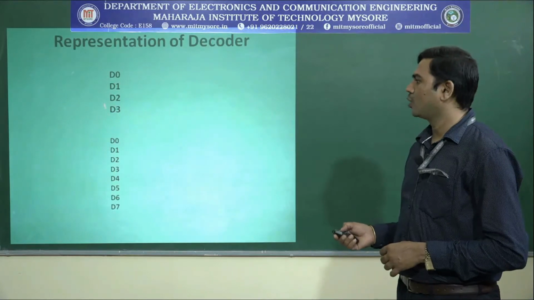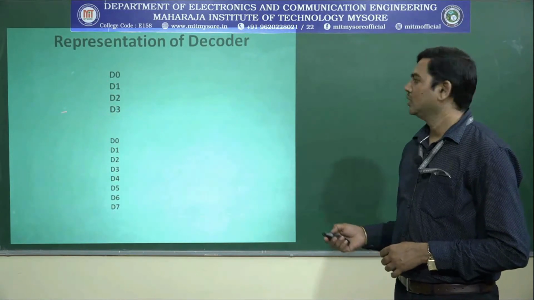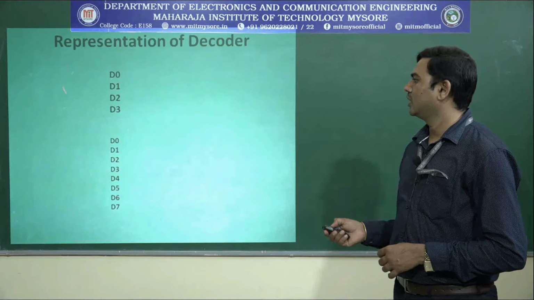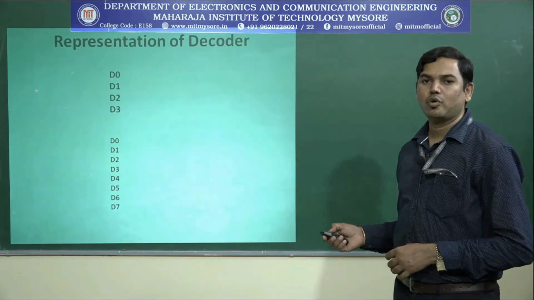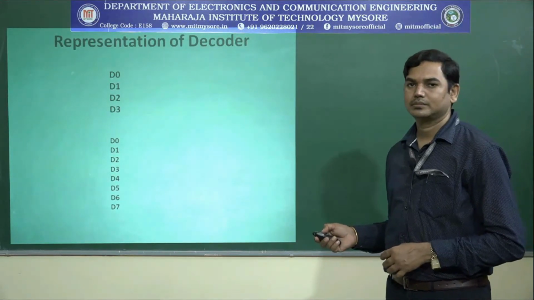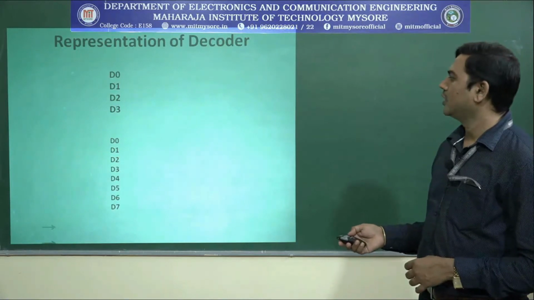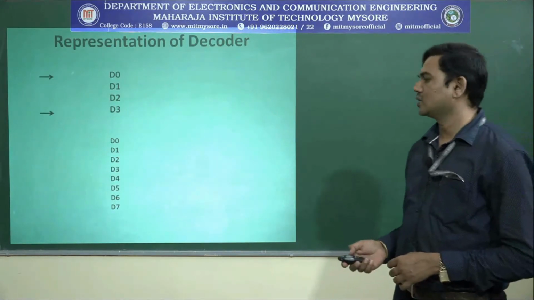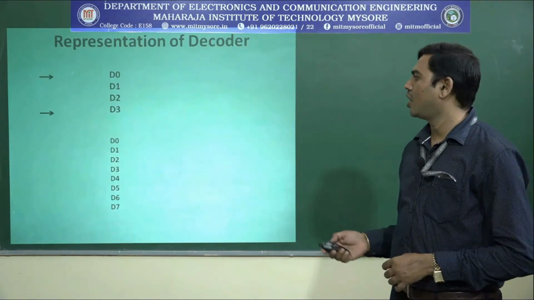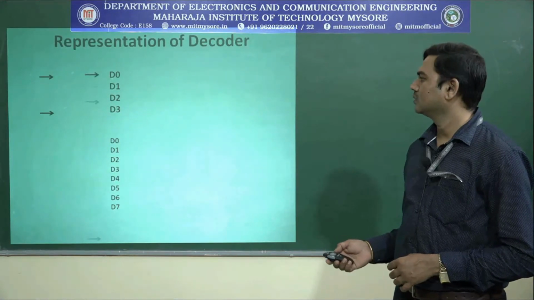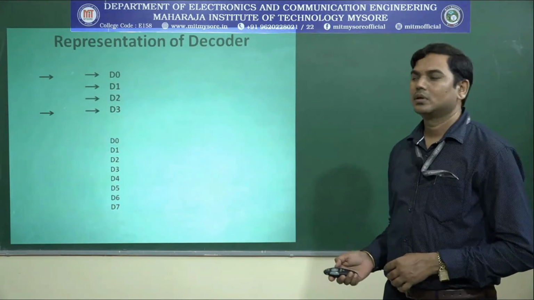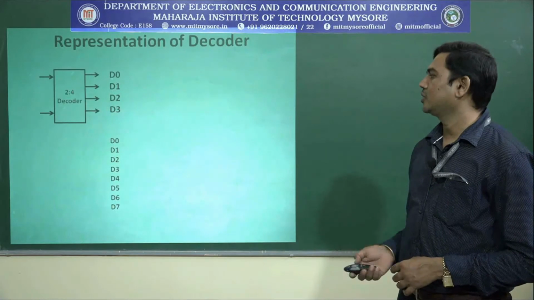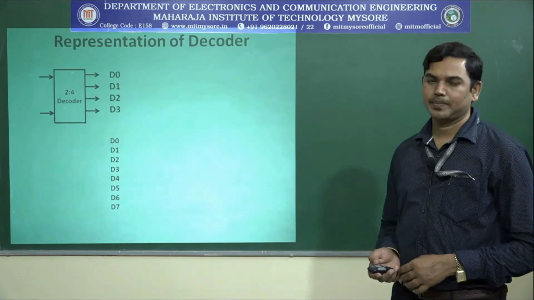These are the output lines. In the first case, here we will discuss a 2:4 line decoder. So, it should have 2 input lines and 4 output lines. That forms a 2:4 line decoder.